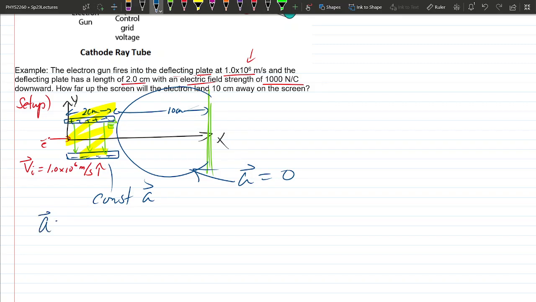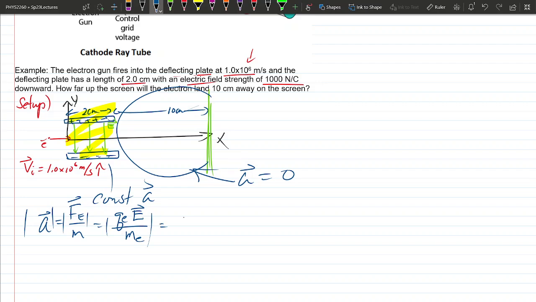Acceleration is the force, in this case just the electric force, divided by the mass. The electric force is just the charge of the electron times the electric field, and this is the mass of the electron. Let's just figure out the magnitude of everything, and we know that the acceleration is going to be upward, so in the positive j hat direction.